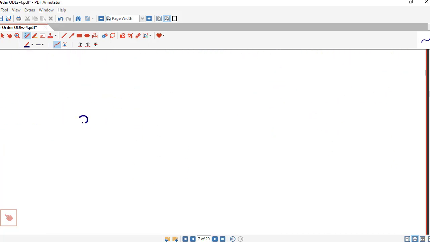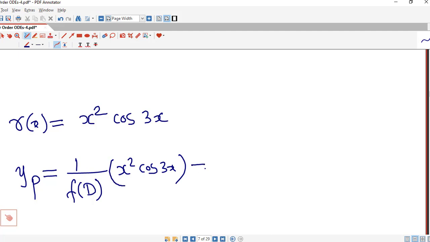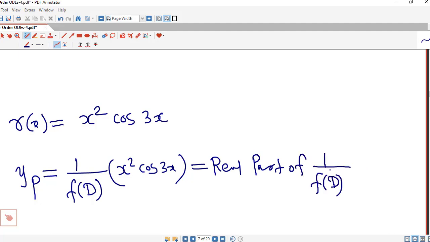For example, suppose our right hand side is x square cos 3x. Then the particular integral is 1 over f of D x square cos 3x. Whenever we have a cosine function, we consider the real part of 1 over f of D x square e raised to i ax, here a equal to 3, so e raised to 3ix.